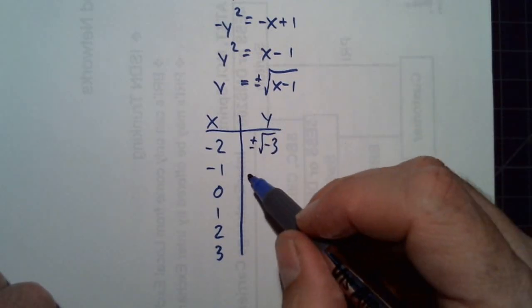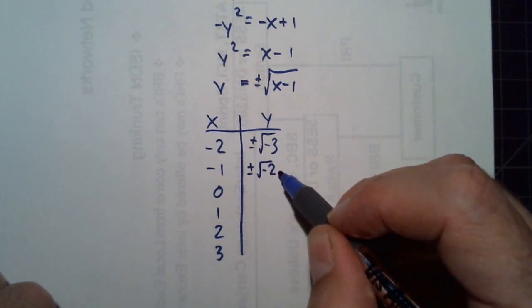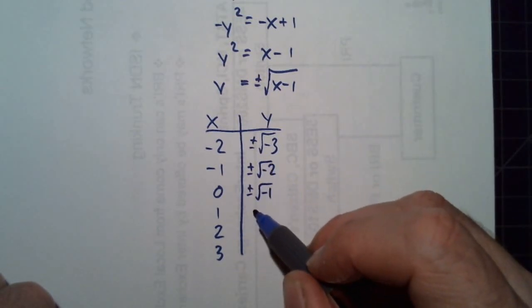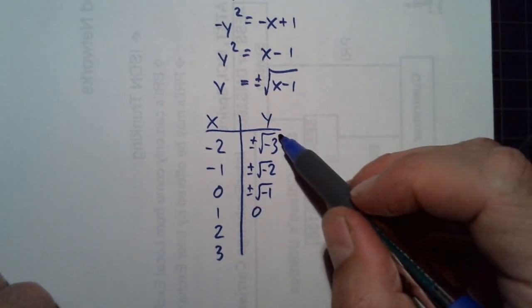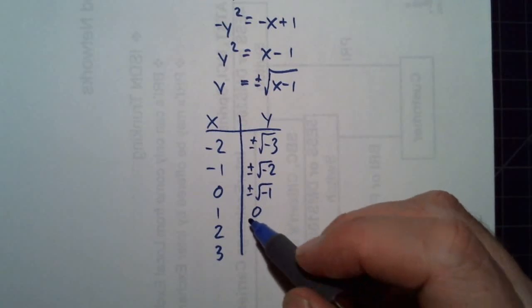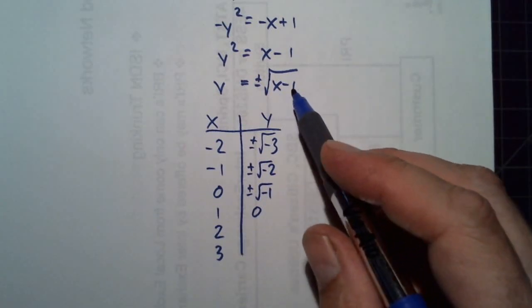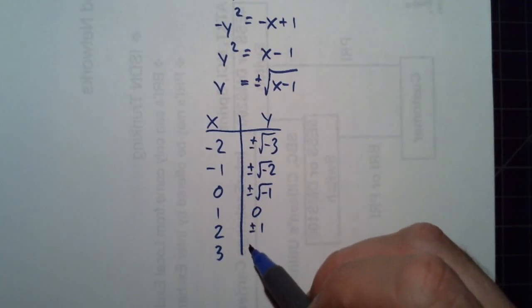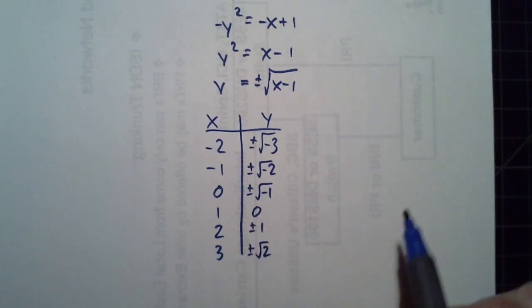And we put a negative 1 there, positive or negative square root negative 2, negative 1. And then down here we have 0. So these are all imaginary. They're not going to show up on our graph. Put a 2 in there, and we get 2 minus 1 is 1. So that's positive or negative 1. And here we have positive or negative radical 2.